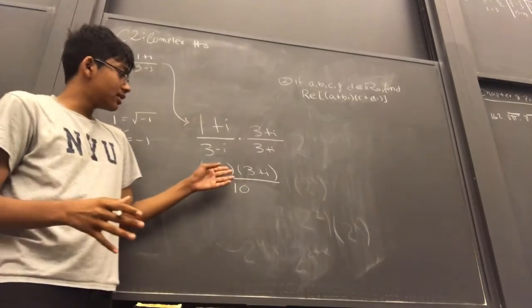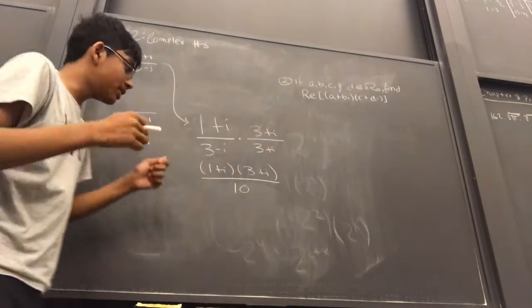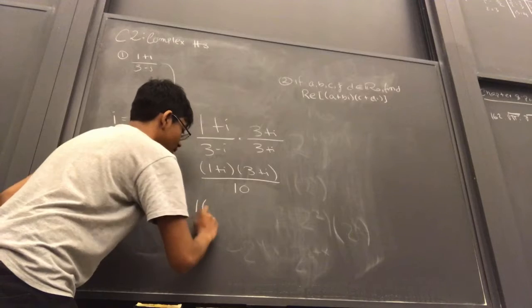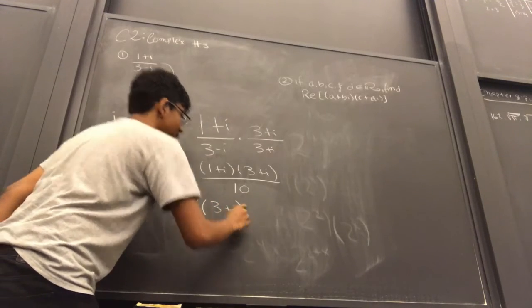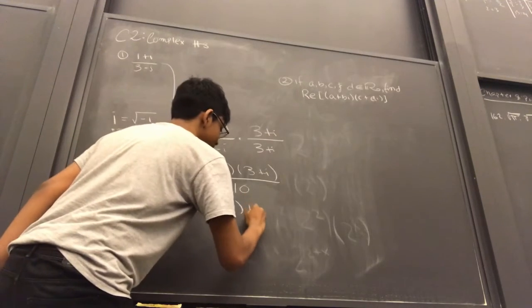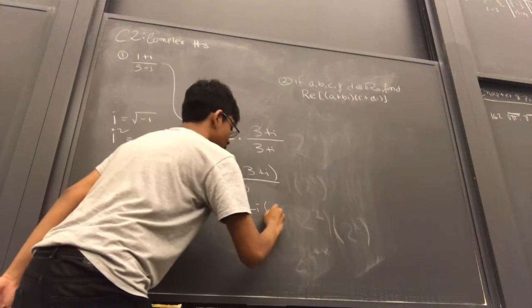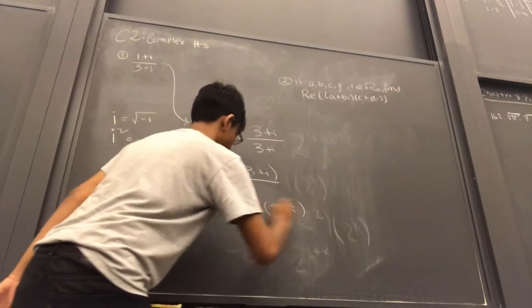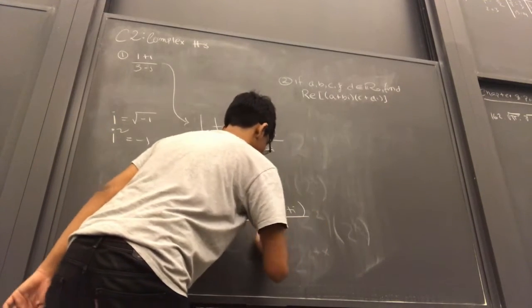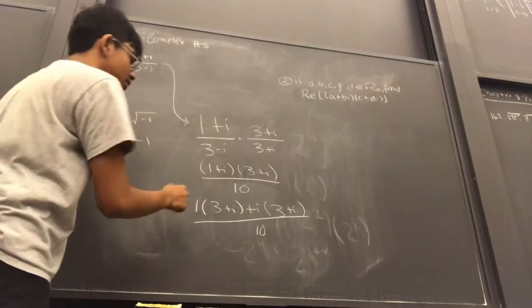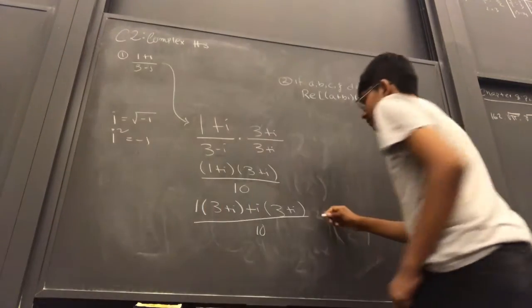Now, as I said, we're going to use the distributive property to simplify the numerator. We get 1 times 3 plus i, which is just going to be 3 plus i, plus i times 3 plus i, all divided by 10. Okay, we're going to go ahead and simplify this.